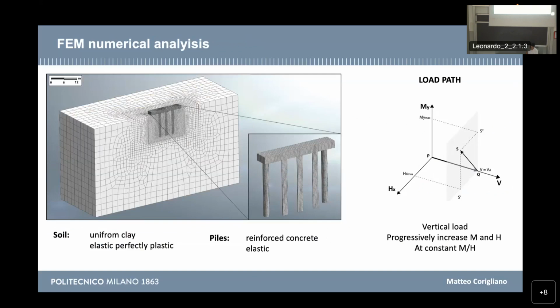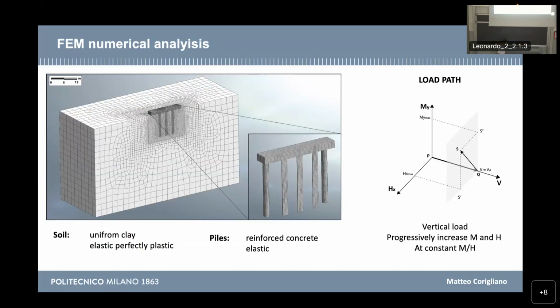With this approach, we can overpass the limits of the conventional approach. So the raft here is connected to the piles, really connected to the piles. We have no hinges at the pile head.